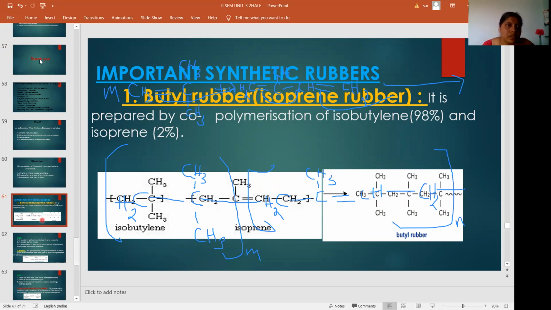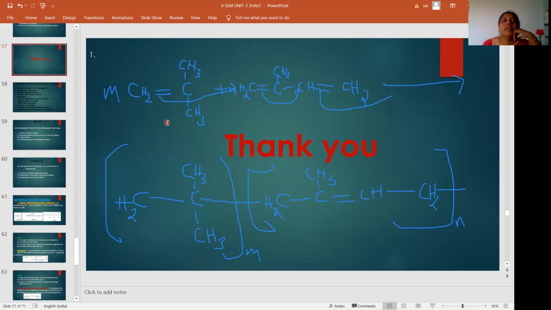So if you see here, this is the isobutylene and this is isoprene undergoing copolymerization. Here M number, N number. That means this is 3 parts and this is 2 parts like that. M number of isobutylene and N number of isoprene molecules undergo copolymerization, and we get a polymer called butyl rubber.